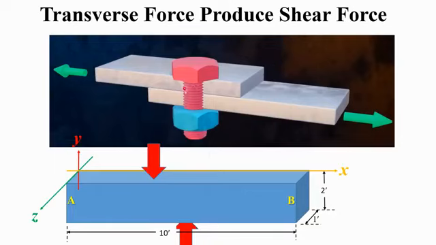Because this screw is working as a sort of beam. This plate is pulling this side, and this plate is pulling this side. So there is a process of cutting through this cross section. So this is also transverse force or shear force.